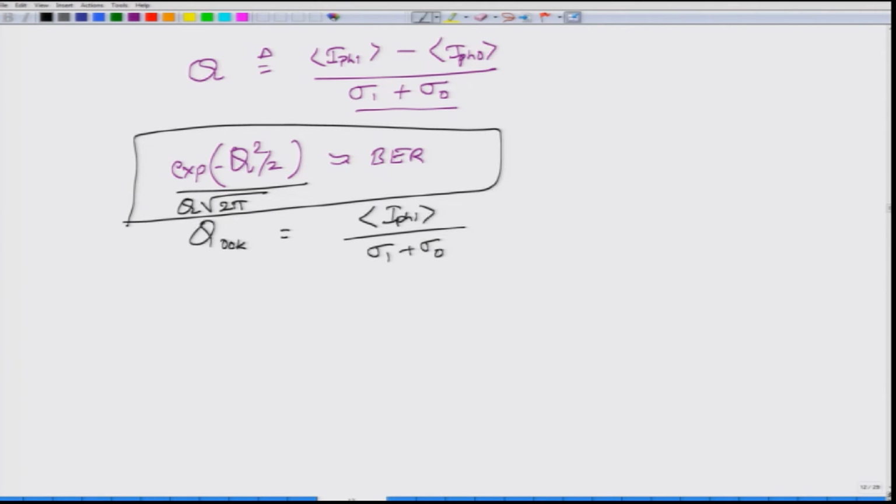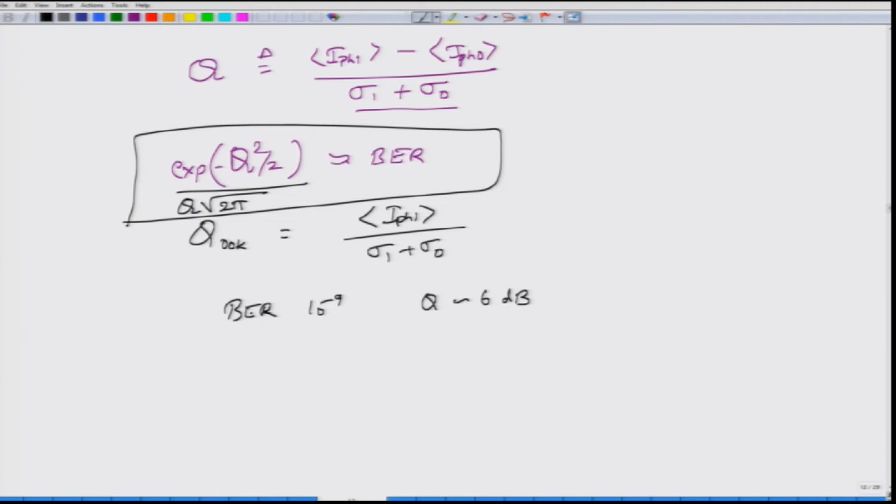If someone gives you the Q factor, you can convert that into the corresponding value of BER, and for a BER of 10 to the power minus 9, which was quite common in 10 Gbps optical communication systems, the corresponding Q value is about 6 dB. Okay. And if Q is greater than 6 dB, well, the BER is actually less than that. Okay. So, that is the point, and if Q is small, the BER of course becomes large.